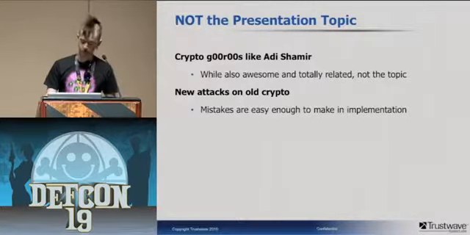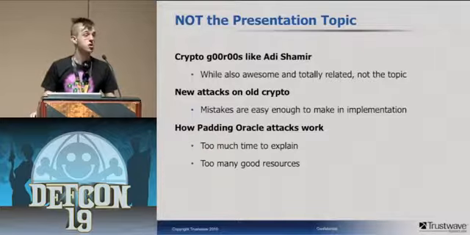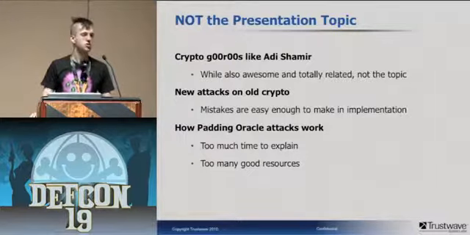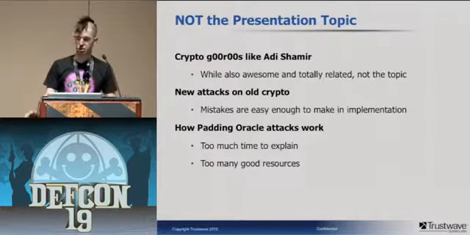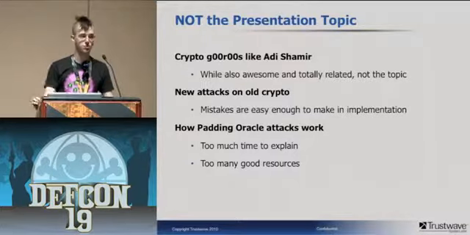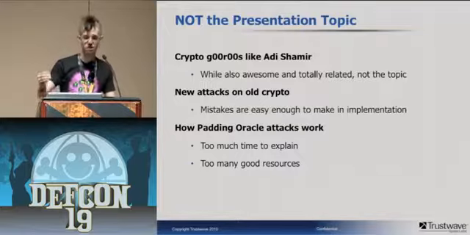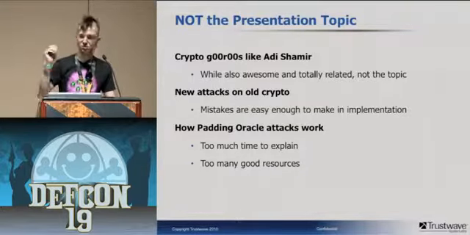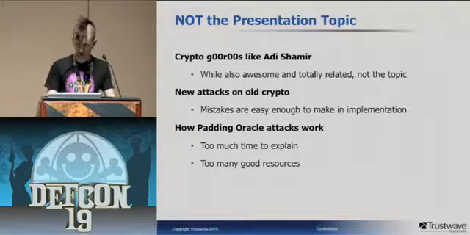We're also not going to be talking about how padding oracle attacks work. If you would like to know, the presentation from Ekoparty, Padding Oracles Everywhere, is a fantastic resource, and it talks about the implementation of padding oracles as decryption oracles and using that against a couple of different things, JavaServer Faces, ASP.NET.